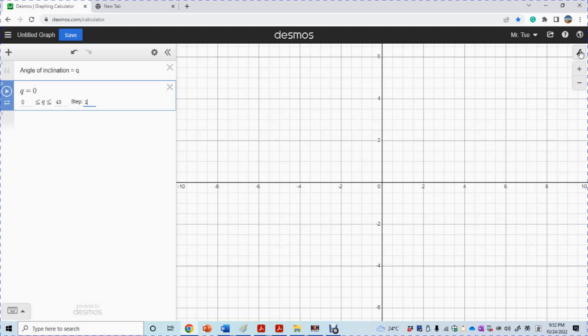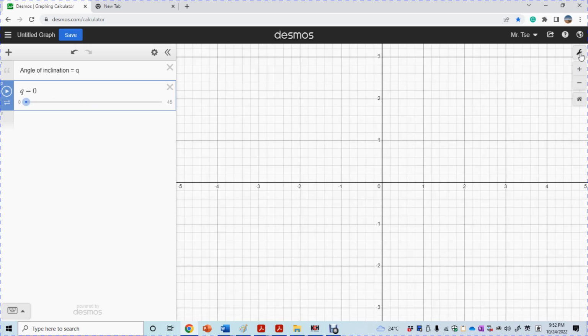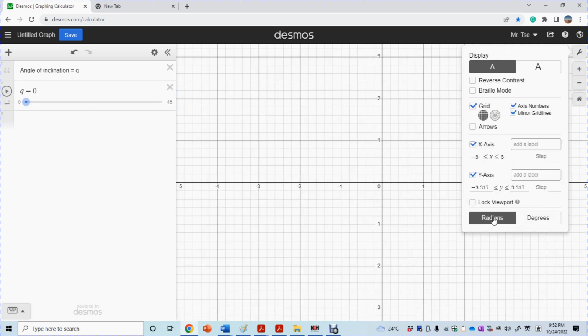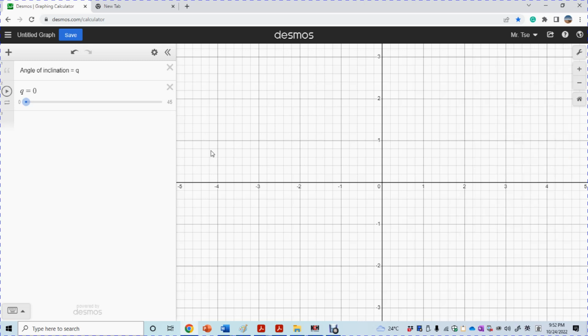But one thing you need to remember, in DESMOS the default setting for angle is radian. You see that? It's radian. So you should click degree to change the units for the angle. Right now, you can change your angle of inclination from 0 to 45.